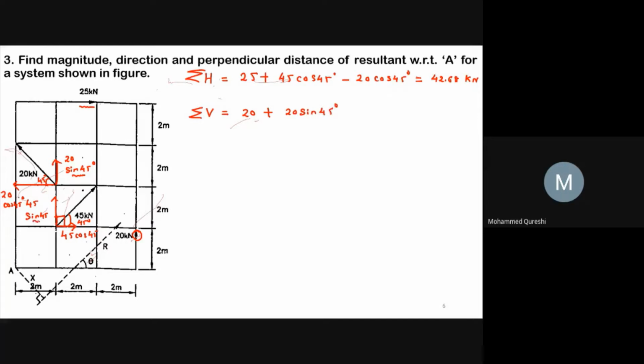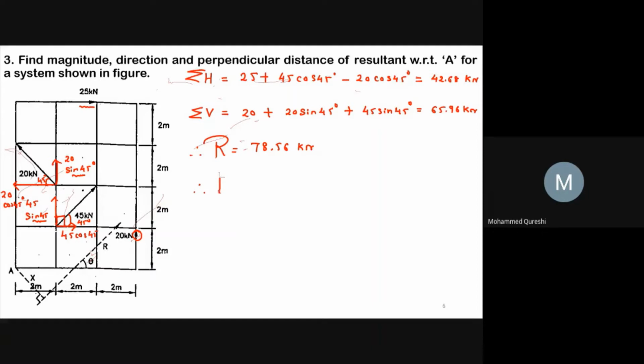Here 45 sin 45 is going upward, so it will be plus 45 sin 45 degree, which will be equal to 65.96 kilonewton. Therefore, R equals under root of sigma H square plus sigma V square. So we will get the value of R as 78.56 kilonewton.